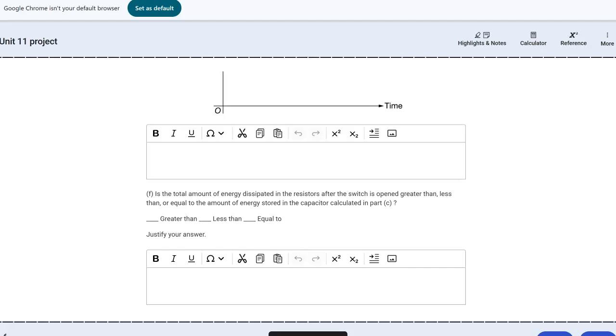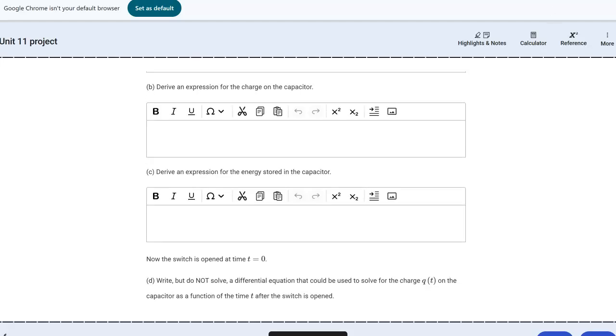0. Is the total amount of energy dissipated in the resistors at this final point less than, equal to, or greater than the energy in part C?